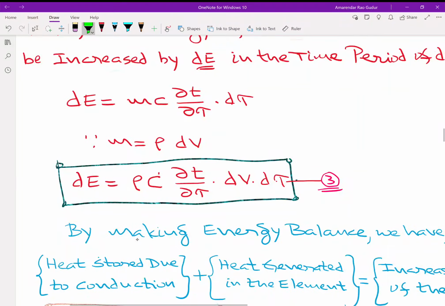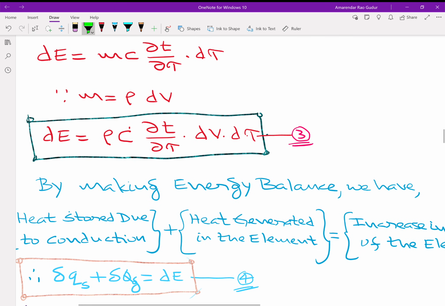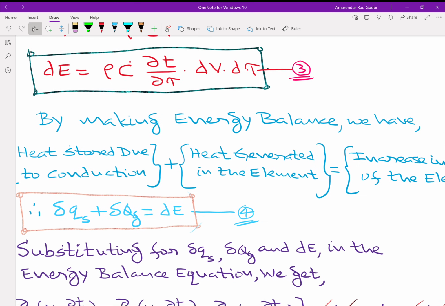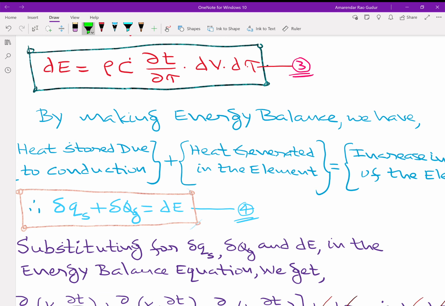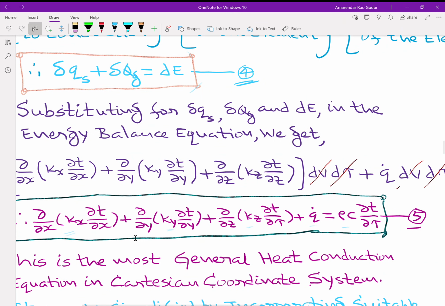Now obviously the heat generated plus heat conducted should be equal to the increase in energy of the element, which means that ∂Q_s plus ∂Q_g is equal to dE. Now we substitute for ∂Q_s, ∂Q_g and dE in this energy balance equation, and we cancel the common terms, that is volume and time.